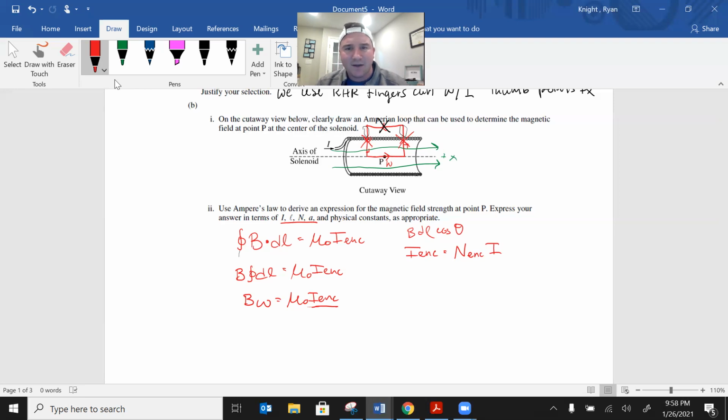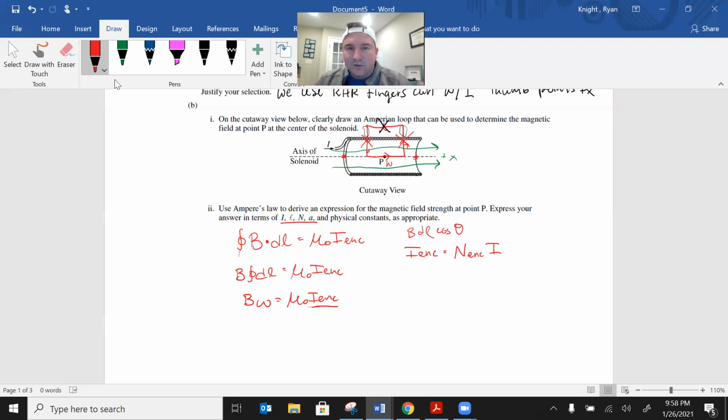You actually can't have all of the turns in your loop, or else you start dealing with edge effects, and that's not a good thing. We want to be fully inside our loop here, because if we get out towards this area, we start dealing with varying magnetic fields because of edge effects, and B doesn't pull out of our integral, and that becomes very difficult.